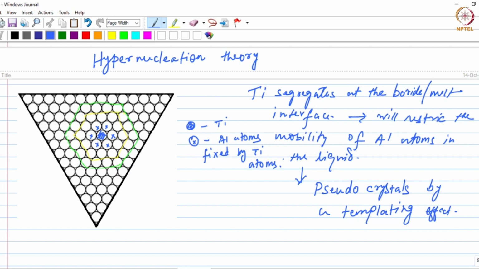And then if you see the other atoms around it, such as these ones, their mobility is also restricted.